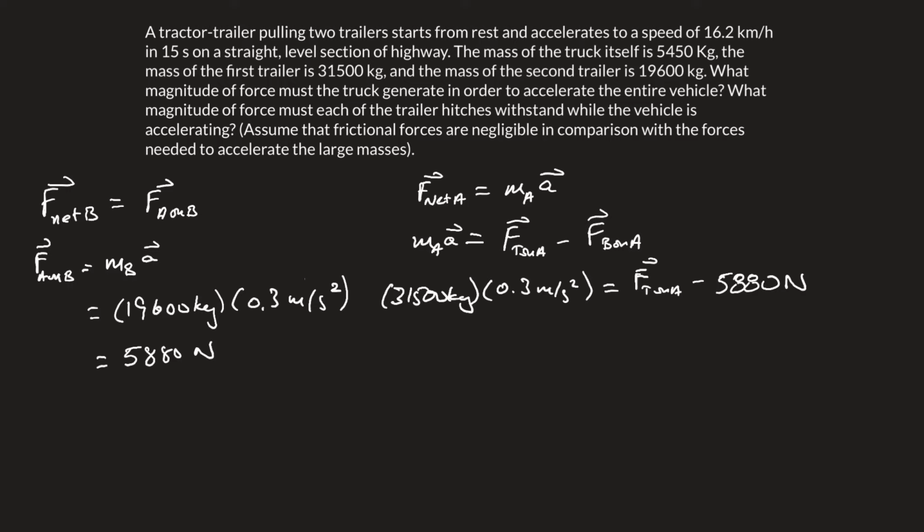So we can rearrange this and we end up solving for Ft on A, and we get a value of 15,330 newtons. That's the force required to pull A, the force of the truck on A.